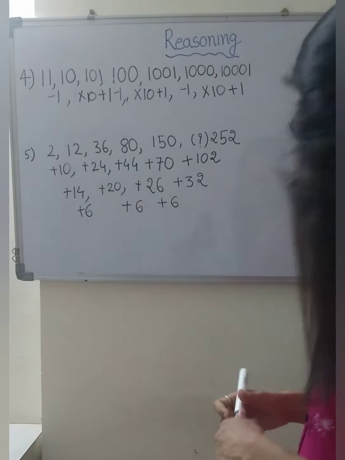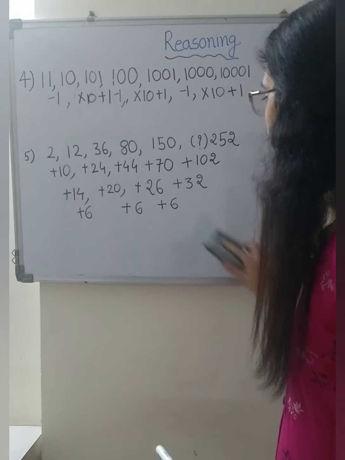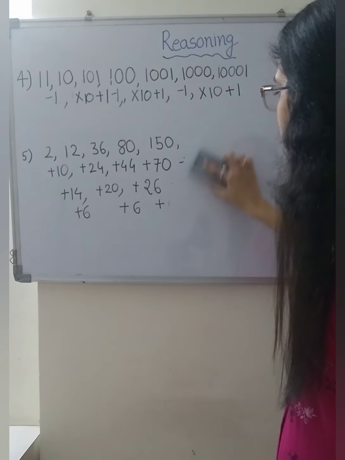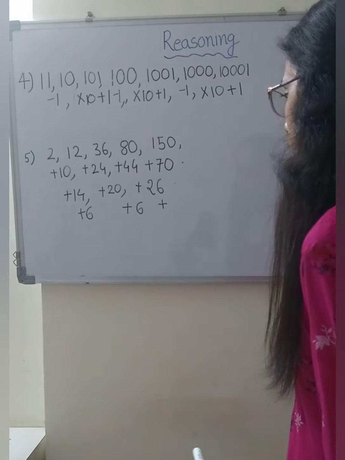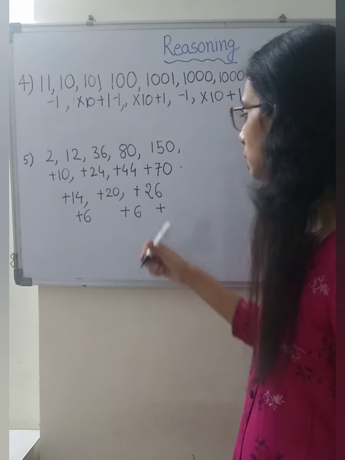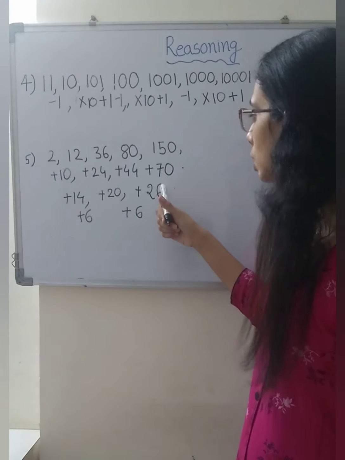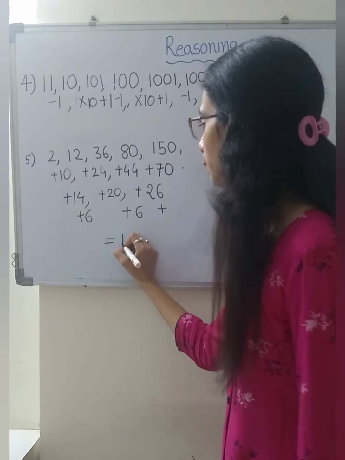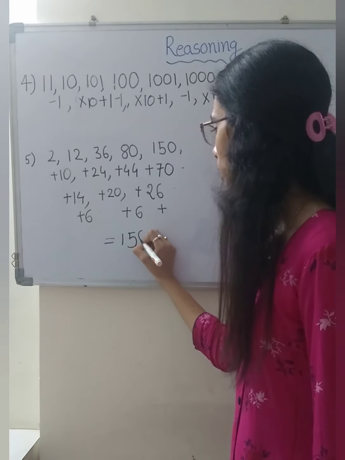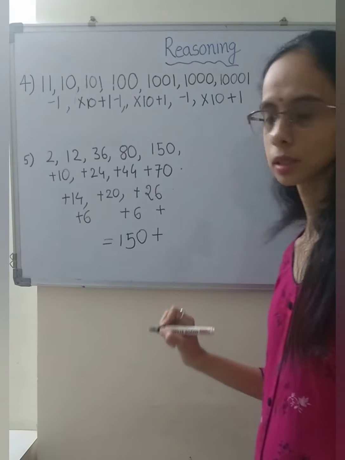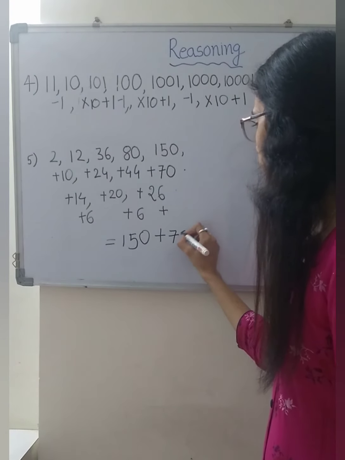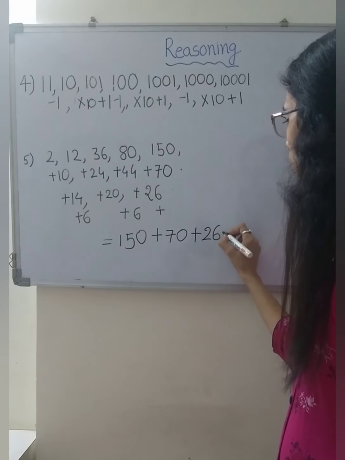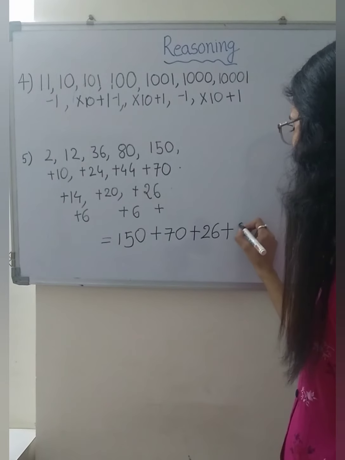And the other method of solving this is you can directly add 6 into 26 plus 70 plus 150. What do you do? 150 plus 70 plus 26 plus 6.